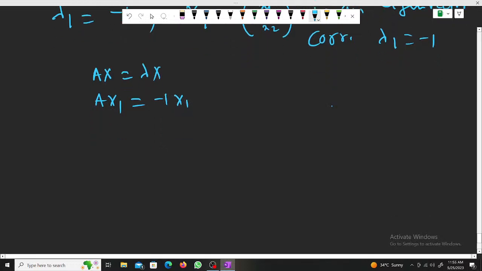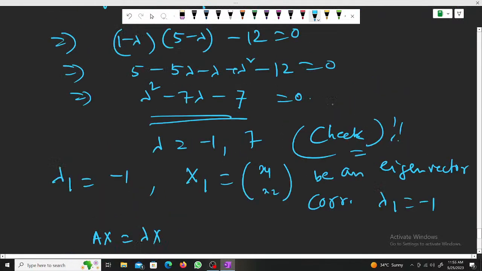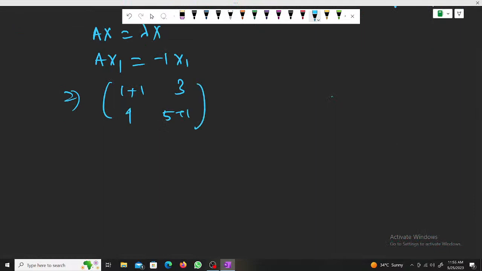That means we write this with rows 1, 3 and 4, 5, and minus x1, minus x2. Just calculation.